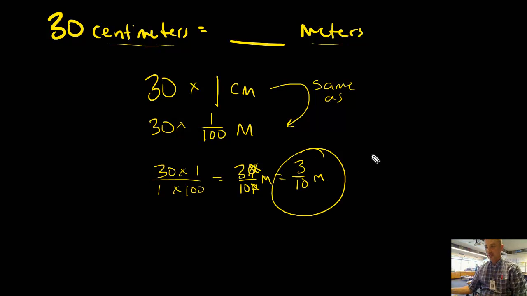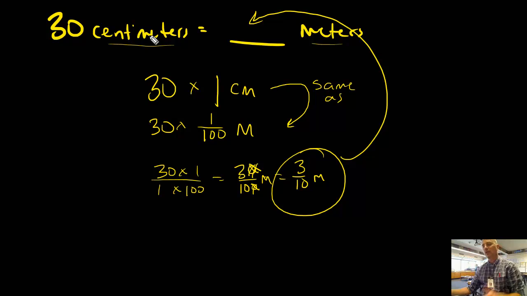If I look at my initial guess that 30 centimeters was less than half of a meter, that would be right, because 3/10ths is definitely less than a half. 5/10ths would be a half, so my original assessment was correct.